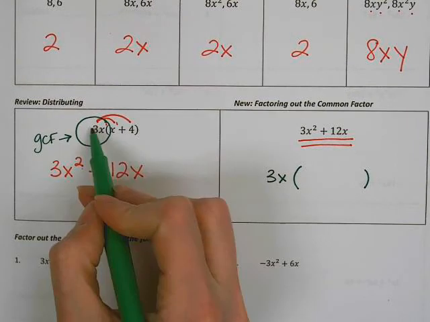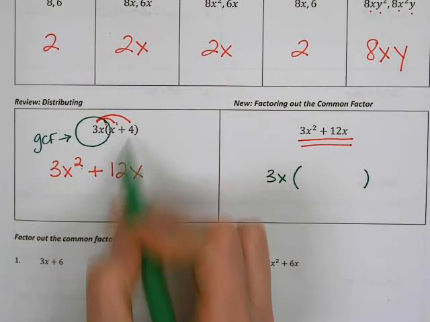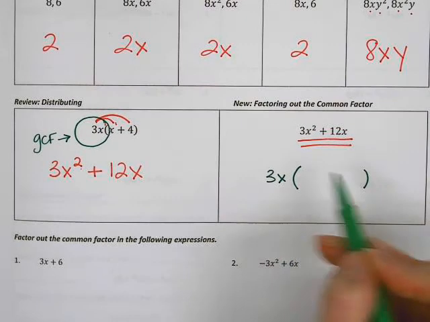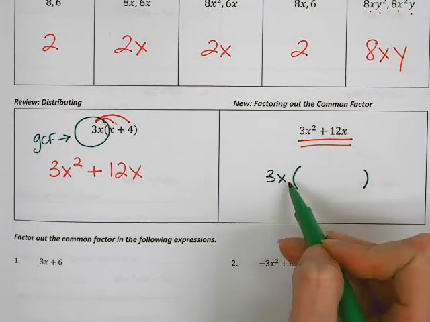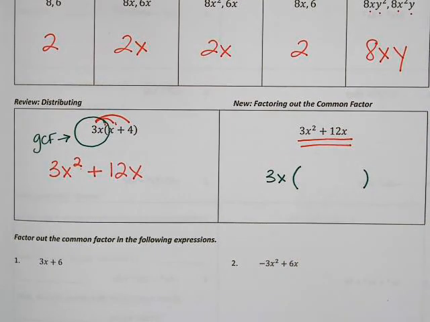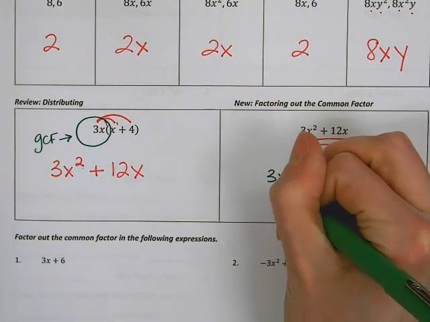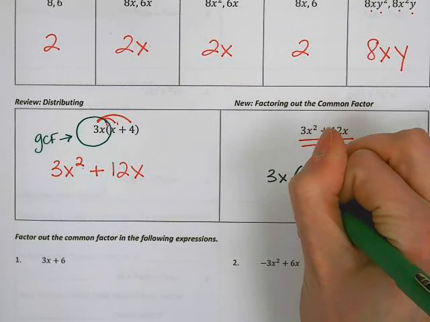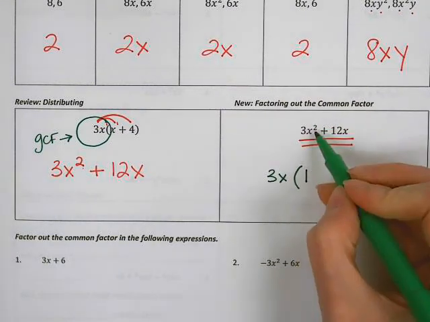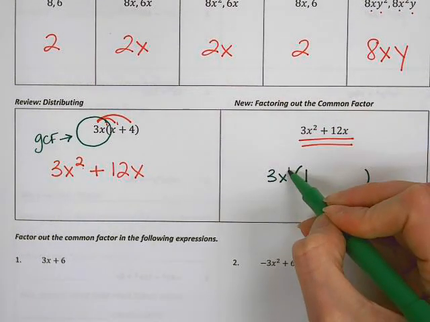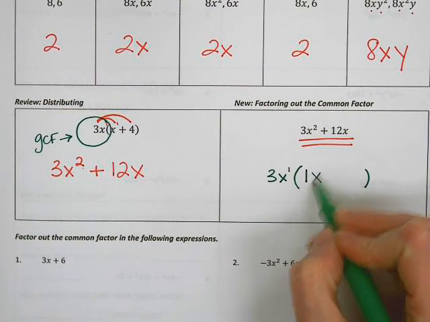And then instead of multiplying to get the answer, we're going to be dividing to get the factor. So 3x squared divided by 3x is 1. Now, when you divide, you subtract the powers. So 1x.